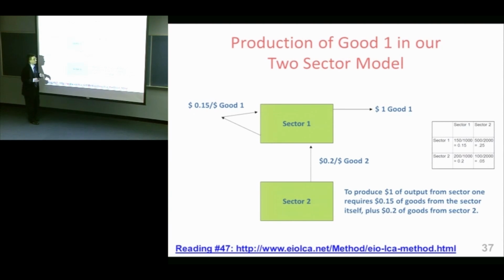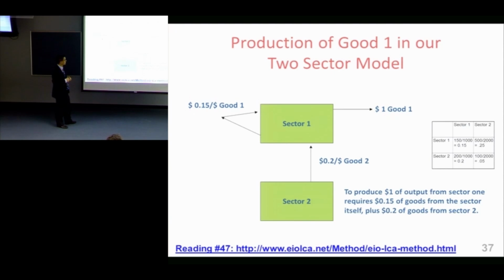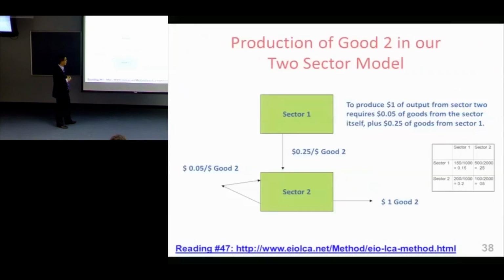So that's what this A matrix tells us. And similarly for sector 2: to get $1 out of sector 2, I need 5 cents of input from sector 2, as well as 25 cents of input from sector 1. These numbers just flow directly from the A matrix.